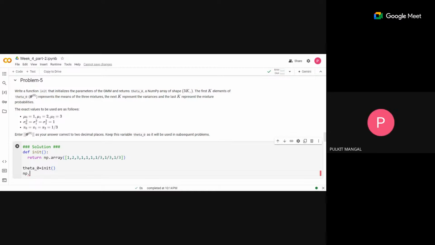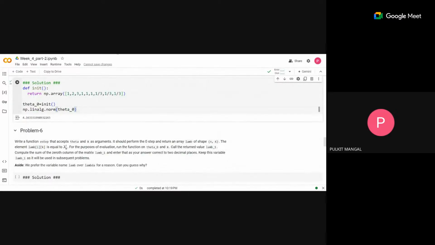SciPy is a different library. With NumPy, we have not calculated the norm before. Sir, I think we did in clustering. Yeah, in clustering we must have calculated it. So it comes under the linear algebra package, linalg, and in that we have this norm. Apply it on theta naught and it will give you the norm.